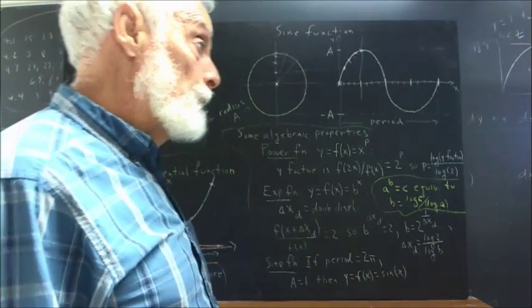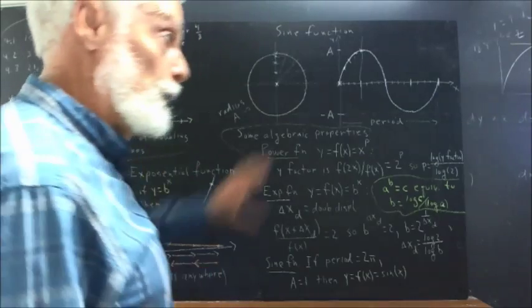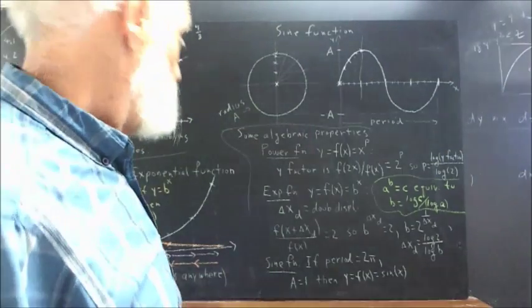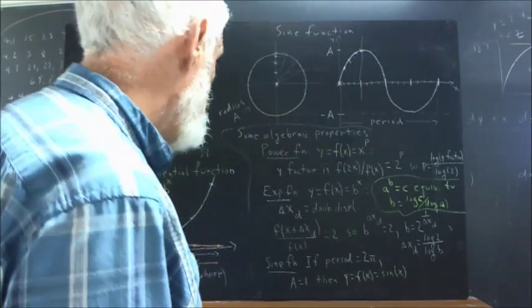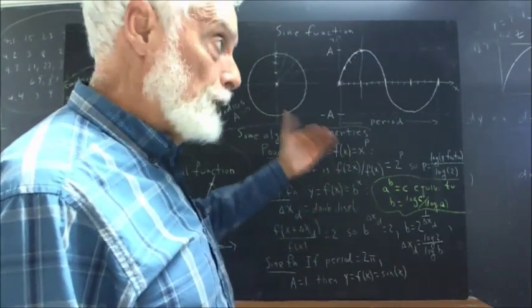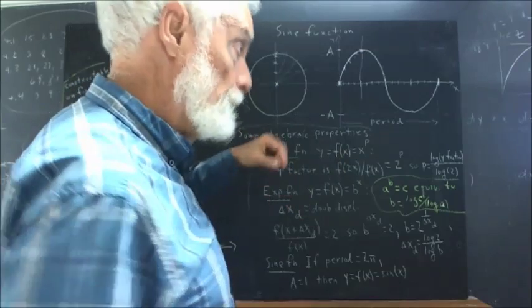Okay, so the algebraic properties that connect with the geometric properties of these graphs: the power function is y equals f of x equals x to the p. Now, f of 2x is the value of your power function.